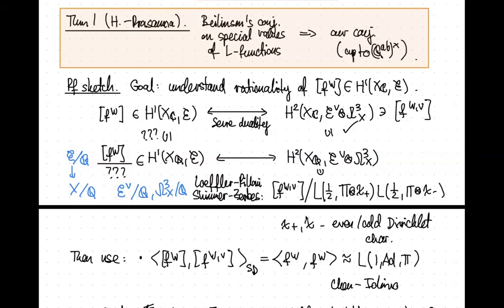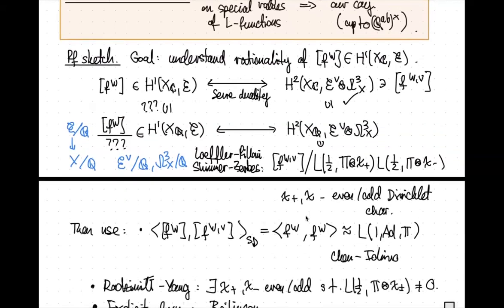I see. Okay, and just another question about these characters, chi plus and chi minus. How are they involved? It's not related to f at all, right? It's some choice of the characters.